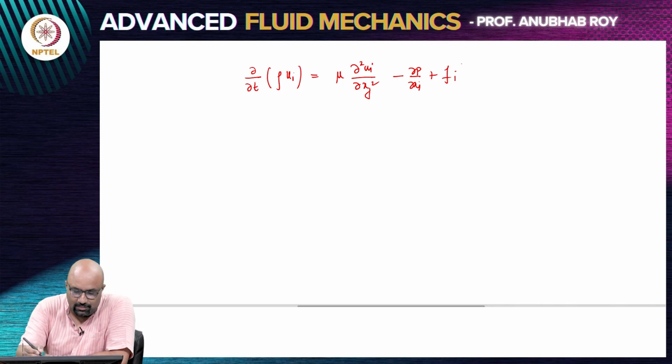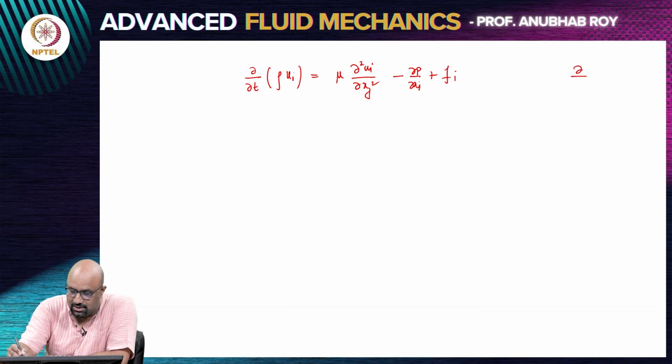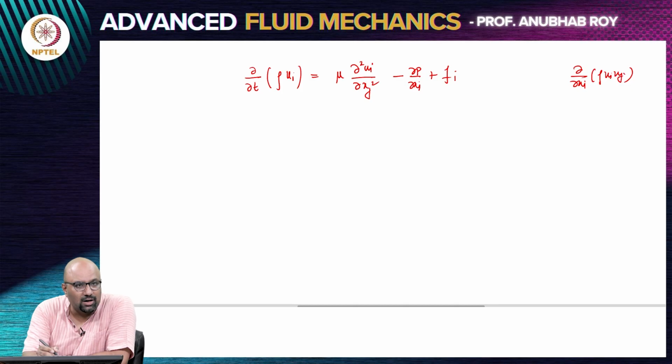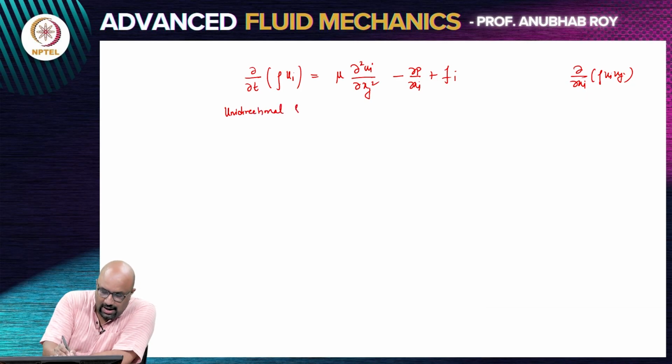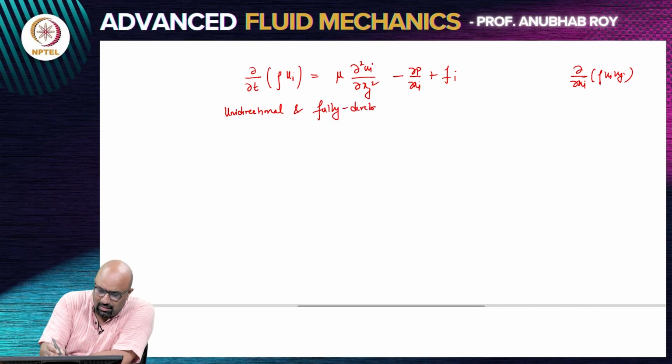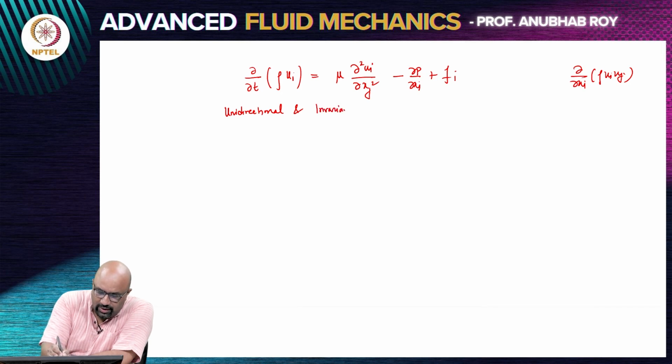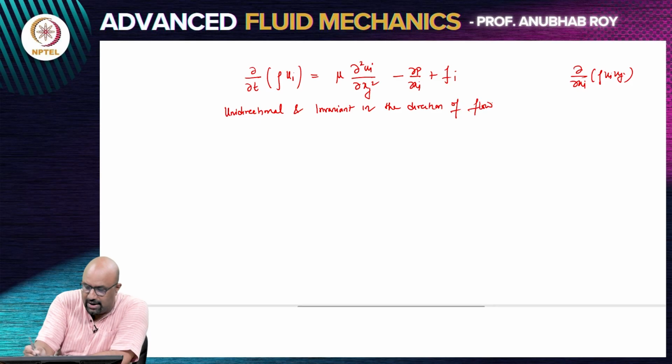Now, I am ignoring the convective term here, the part that was ∂/∂x_i of ρ u_i u_j, by thinking of problems which are unidirectional and invariant in the direction, or fully developed if you like to say, or rather the more appropriate way to say this would be that the flow is invariant in the direction of flow. So, it is the fully developed problem.